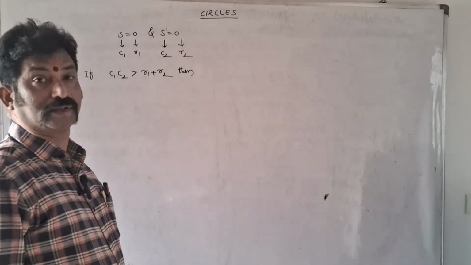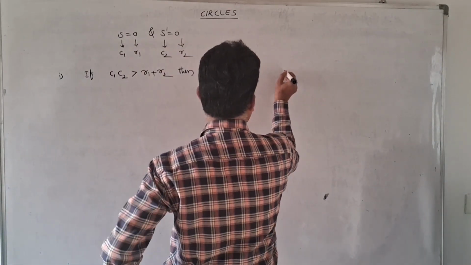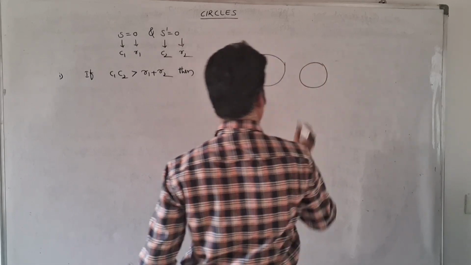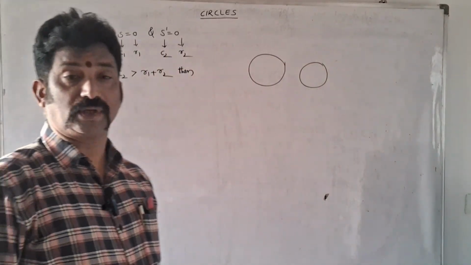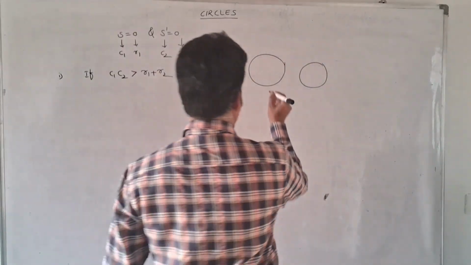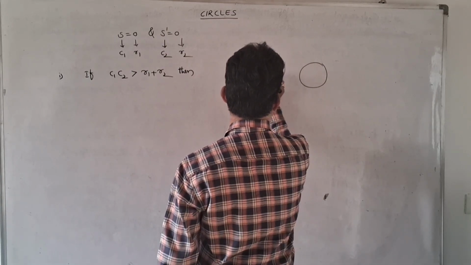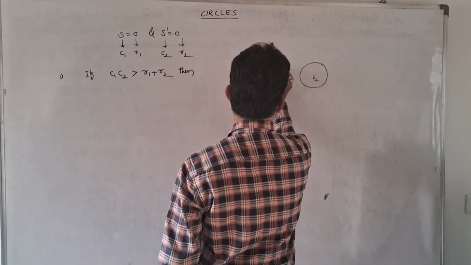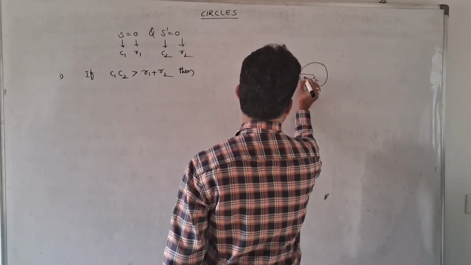what is the position of the circles? Two circles do not intersect like this. This one is C1 and this one is C2, this one is R1 and this one is R2.